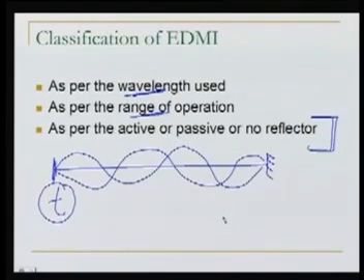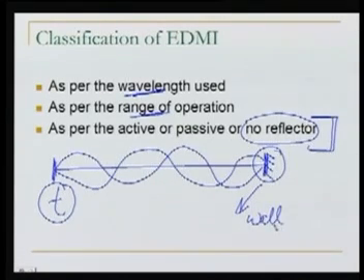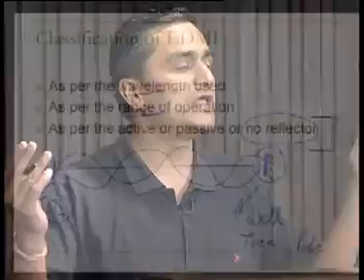The meaning of no reflector is this reflector is no instrument, rather it is any natural thing. For example, it could be the wall, it could be a tree, it could be a pole, it could be anything which is naturally occurring, because we know any electromagnetic radiation will get reflected from a naturally occurring surface.